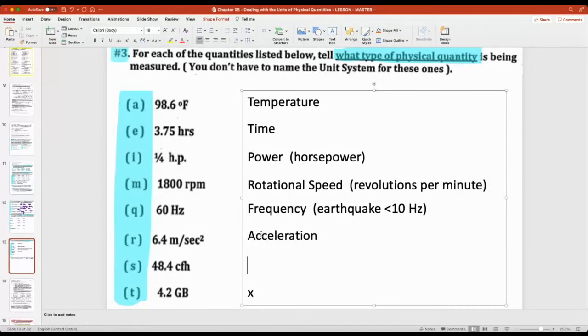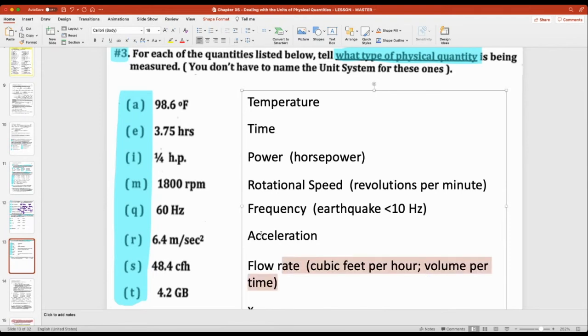That is going to be a volume rate, a flow rate, because that's cubic feet per hour. So a flow rate is like volume per time. I'm going to just shrink that down a little bit.